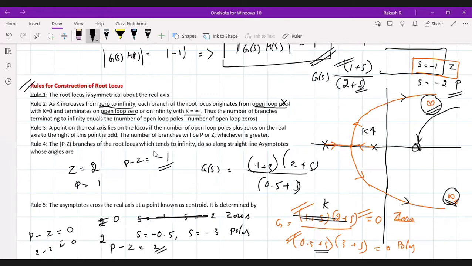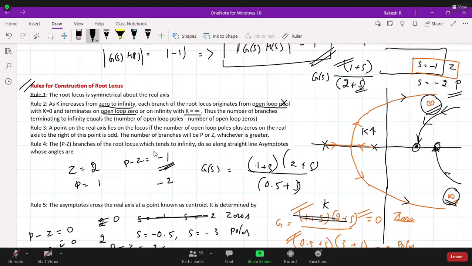If we have minus 2, then two roots will be coming from infinity and terminating at zeros in the graph here.